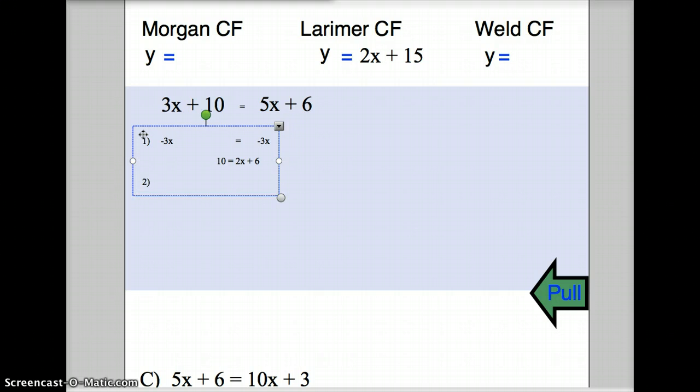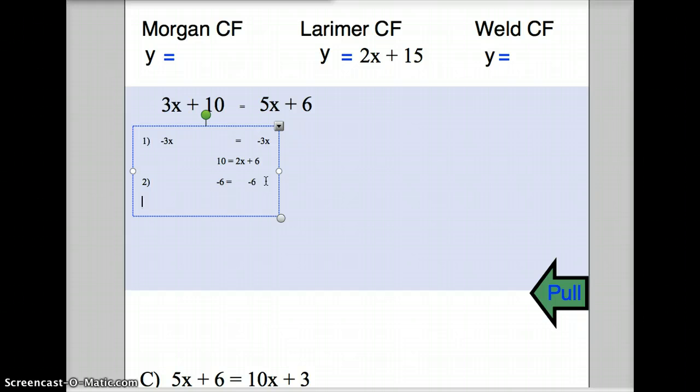Step number 2. Now I've got 6 being added to the 2x. Notice I look at what side my x is on. My x in this case is on the right side. So I want to get the x by itself. So right now I've got 6 being added to that, so I'm going to subtract 6 from both sides. So I will subtract 6 from both sides.